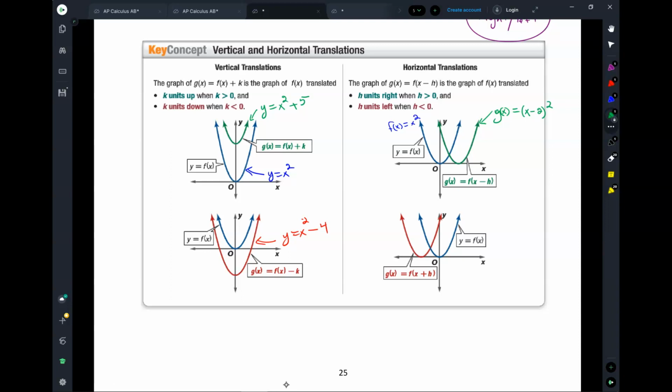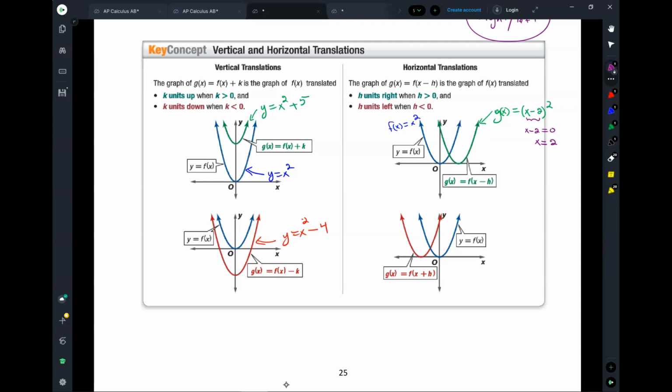Why? Let's see why. Because in order to figure out the transformation, this tells you something has happened to the x. The x has shifted. You take that and you set it equal to 0. And when you solve, you get x equals positive 2.